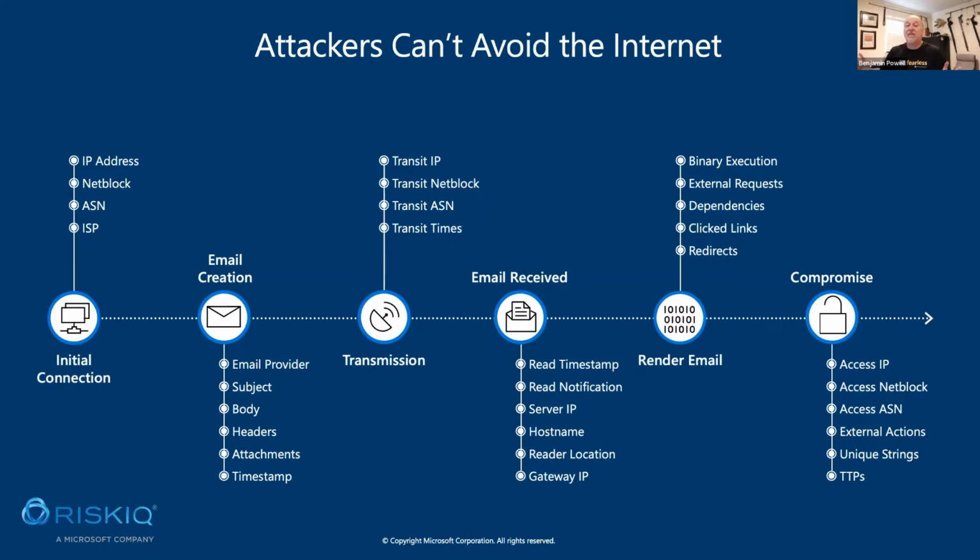You might scan for other things, and there's TTPs associated with that. So these are the type of things that are always happening with these types of attacks. And these signals cannot be avoided because you're on the internet. So you might be able to hide and obfuscate some of your information, but the basic pieces you can find.